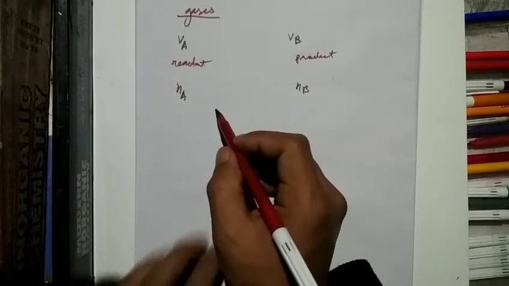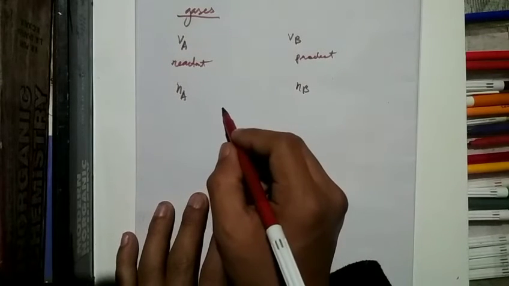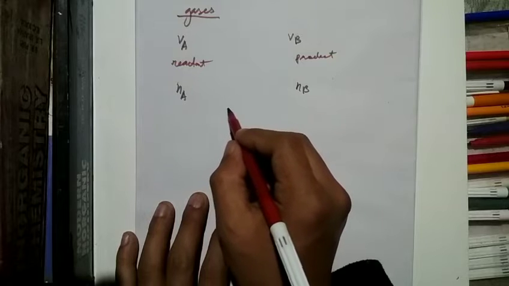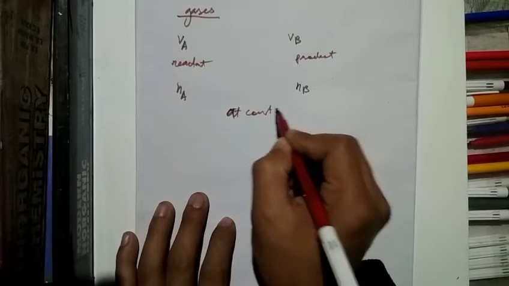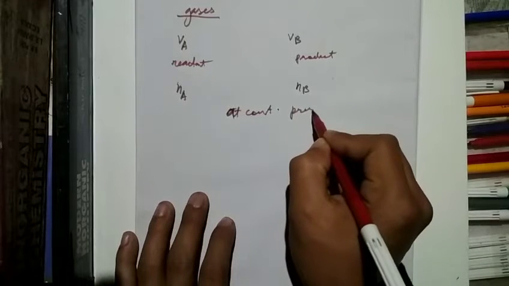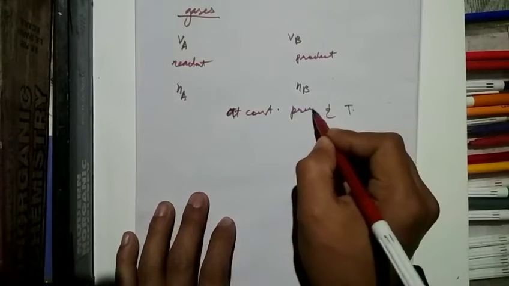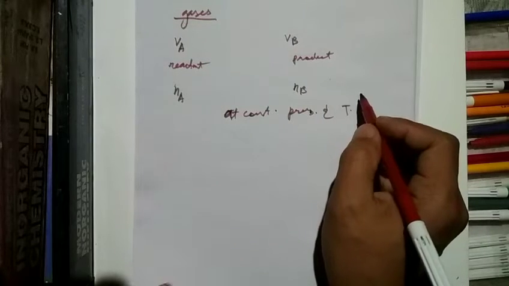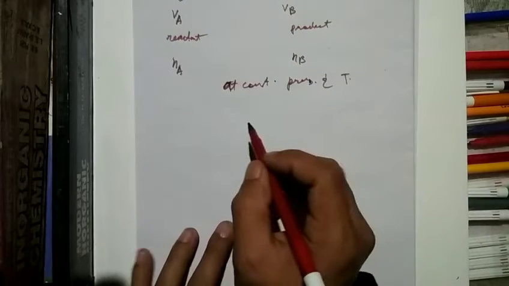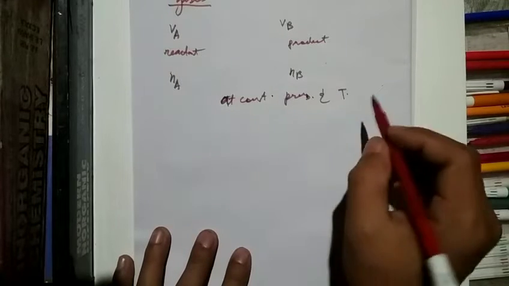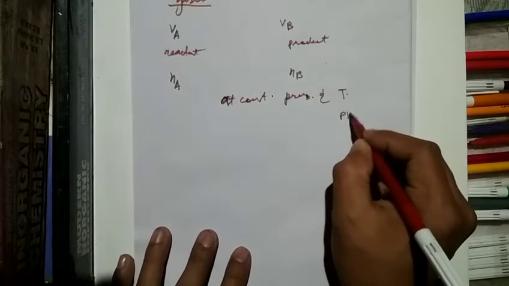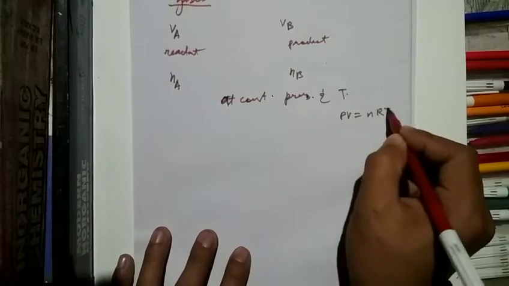So let's take another condition: this takes place at constant pressure and temperature. I'm writing in short form. Now you all know the ideal gas equation: PV is equal to nRT.